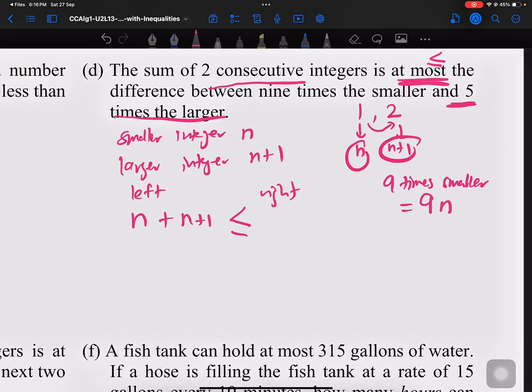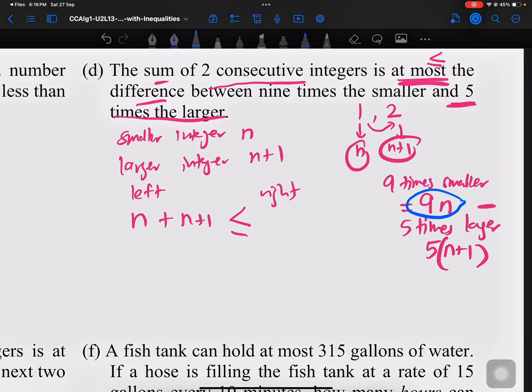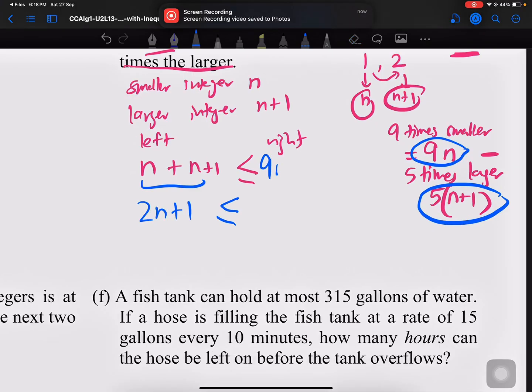So 5 times larger, meaning 5(n plus 1). Okay, be very careful. And difference is minus. So 9n needs to minus this term, meaning 9n minus 5(n plus 1).